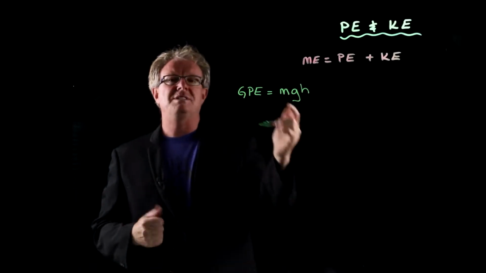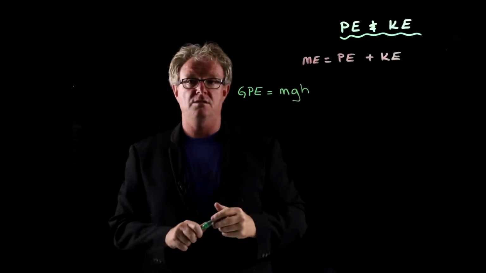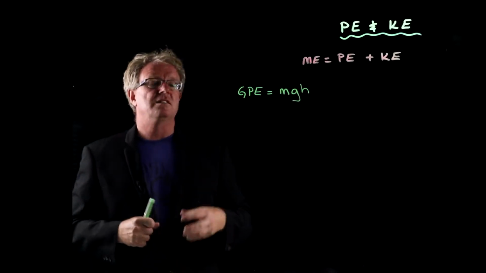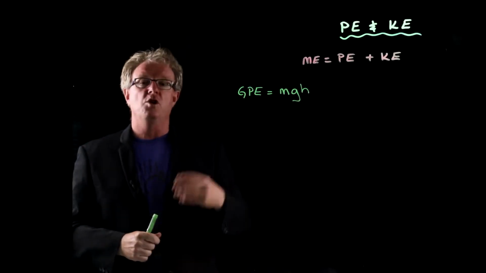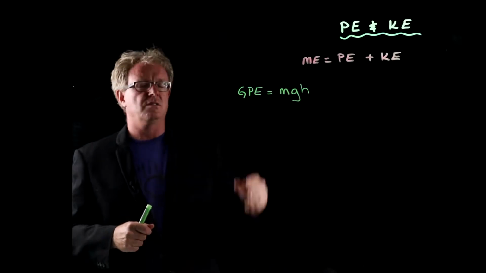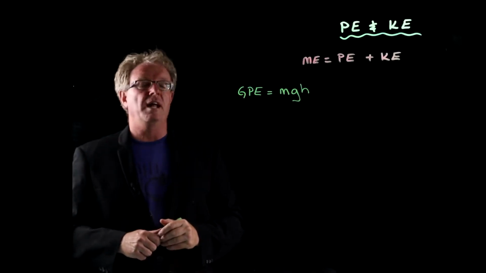So the gravitational potential energy is dependent upon the mass of the object and how high it is. Right, because g pretty much for us is going to be constant, although you will find out when you study science a bit more that it's not really constant, it decreases with altitude. But let's just say that the value is pretty much constant at 9.8.